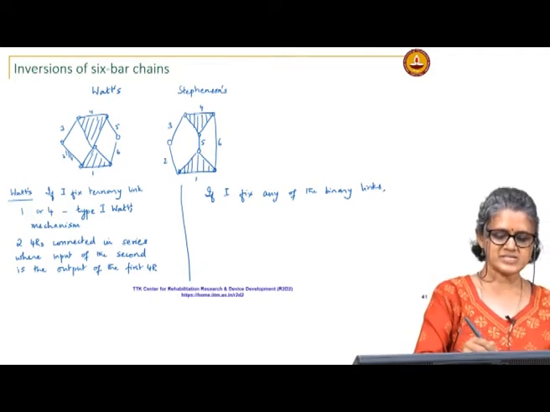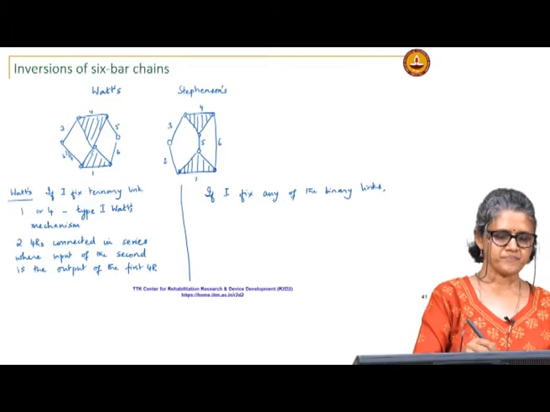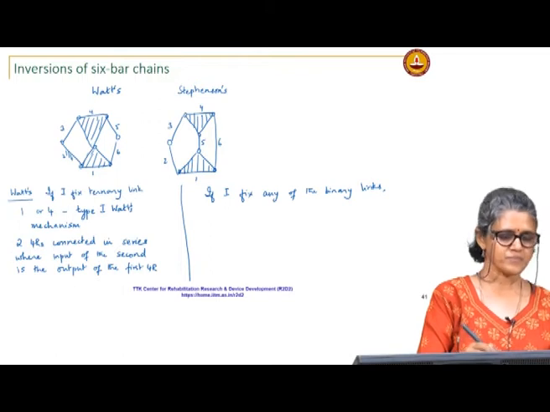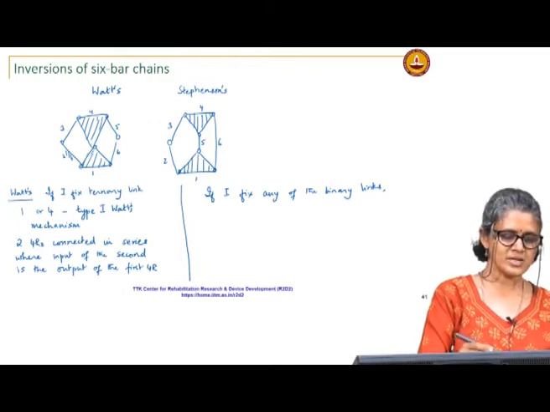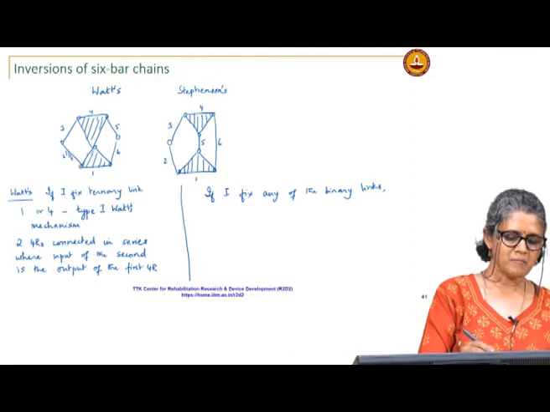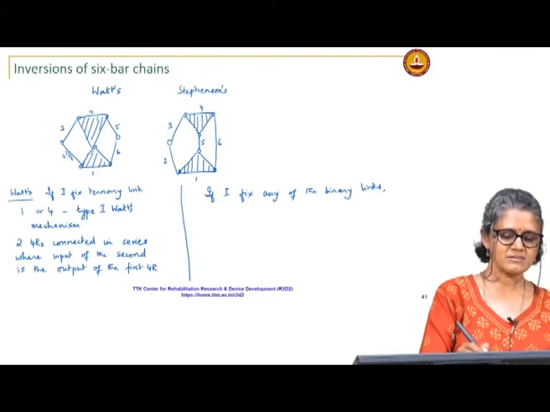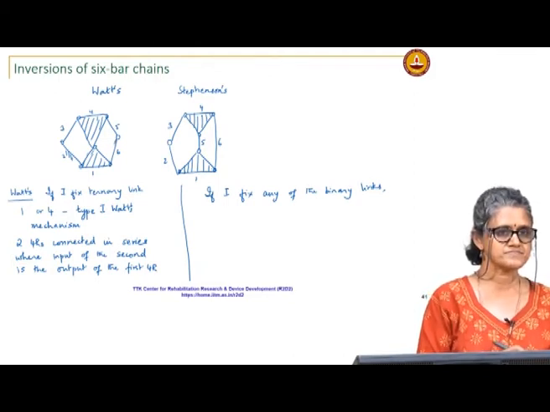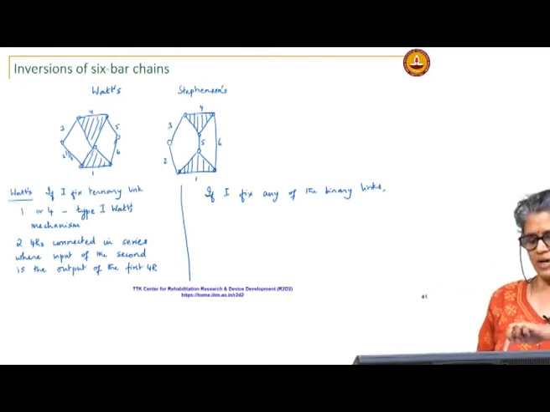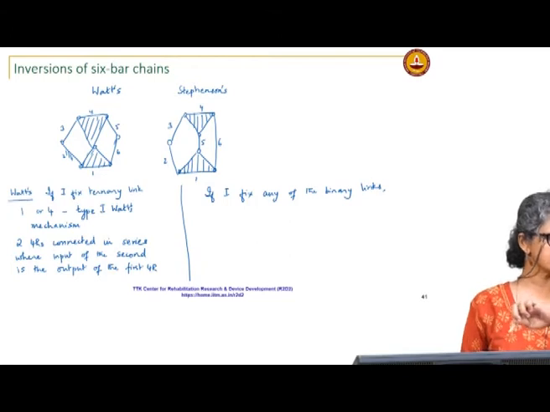If I look at this closed chain, right, it is essentially a 4 bar, 1, 4, 3, but with additional coupler links. Okay. So, I have 4, 5, 6, 3 coupler links in the mechanism.